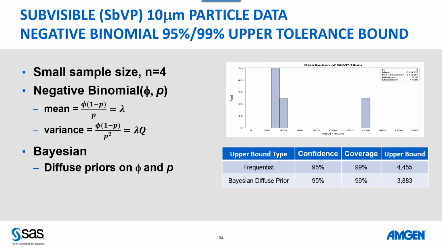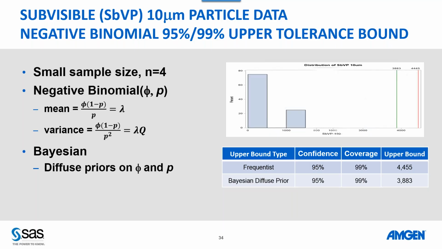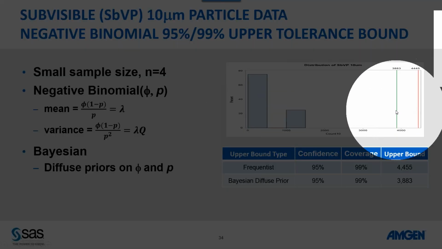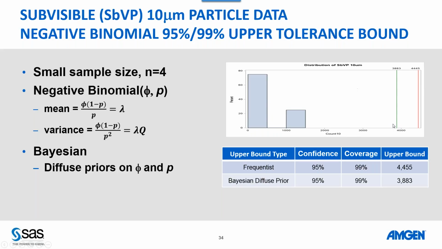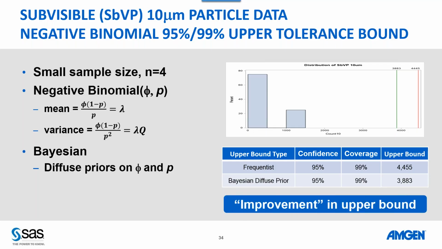4,455, a pretty large number. If you use the diffuse priors, then you get 3,883. And you can see the lines here. This will be the frequentist bound, and this will be the Bayesian bound. Even without any information, the Bayesian approach improves, quote unquote, the upper bound in the sense that it's a little closer.